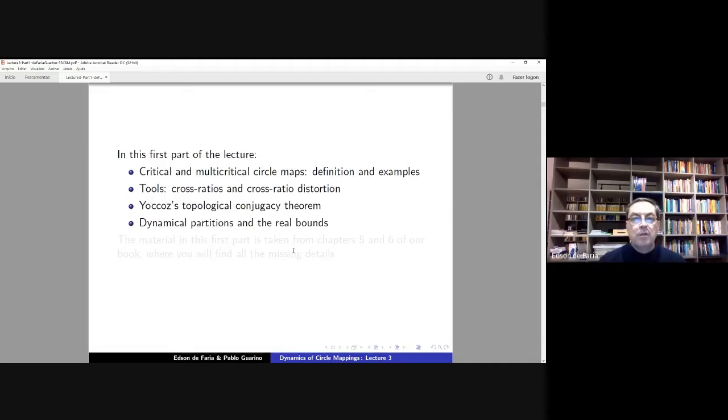Then I will discuss the geometry of such maps in more detail. So I'll talk about dynamical partitions and the real bounds. And that will be the end of part 1, okay? The material that I'll be discussing here is in detail in chapters 5 and 6 of our book. So all the missing details will be there.